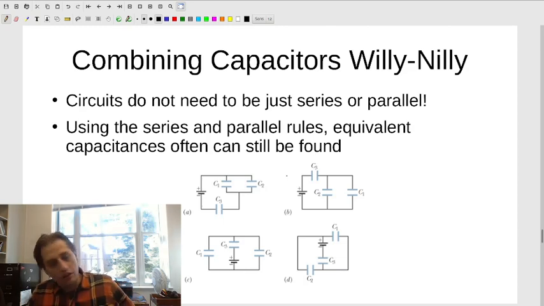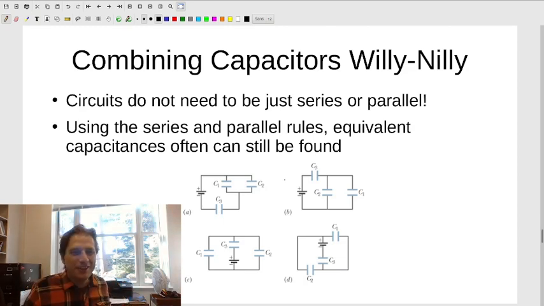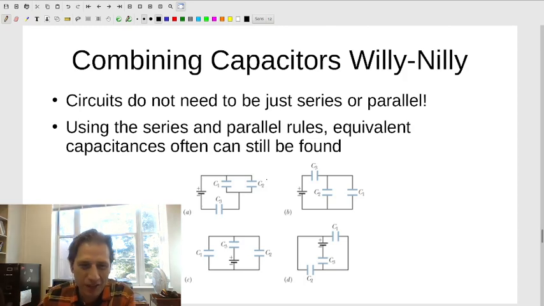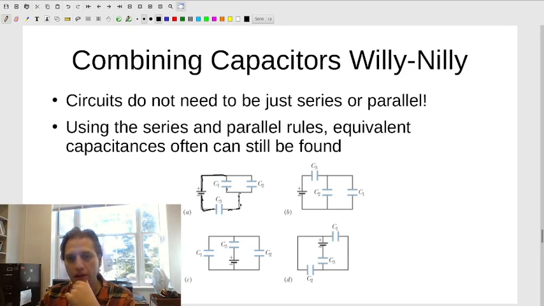Now, the place where this gets a little tricky is what happens when I have a circuit that's not just parallel or series? Well, what you're going to need to do in that case is identify the places where you have a recognizable potential difference that's equal across a group of capacitors.